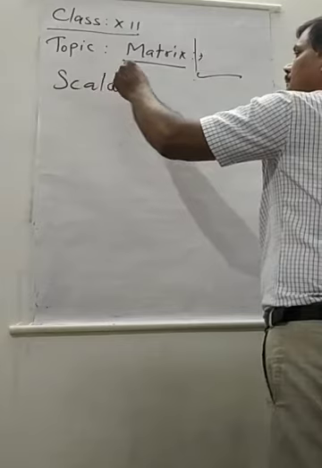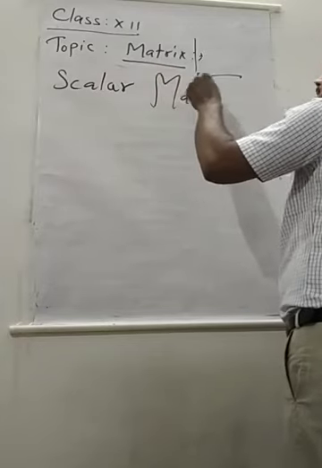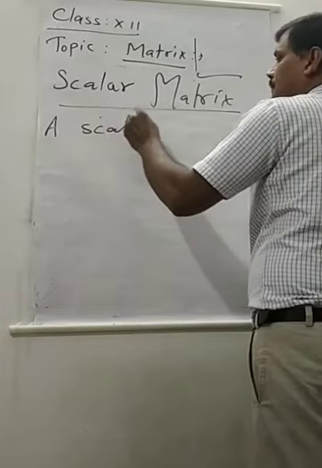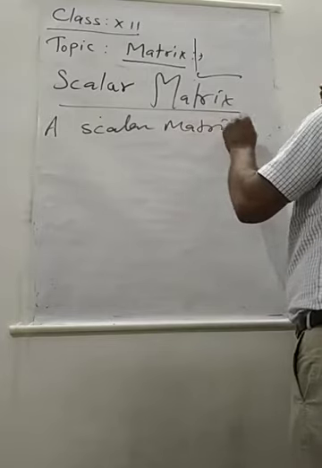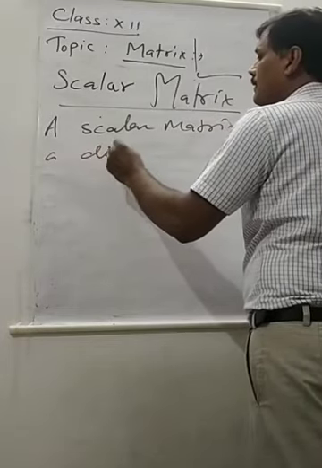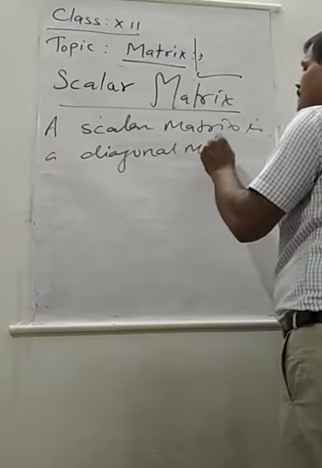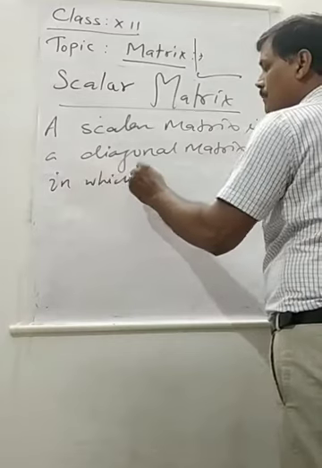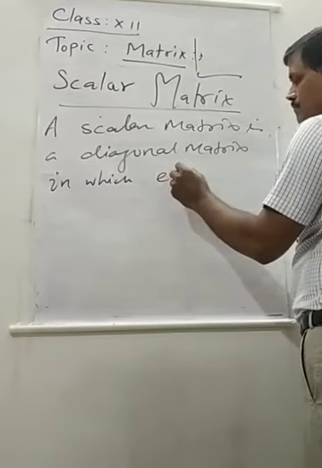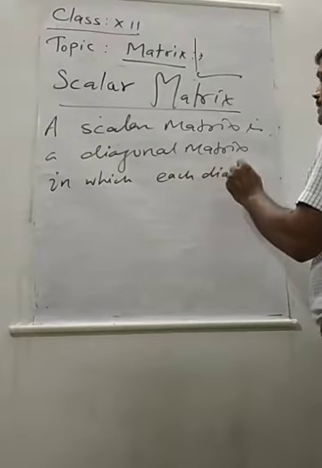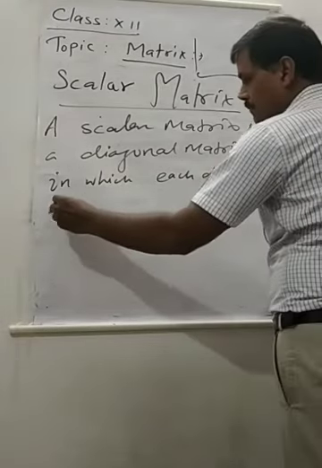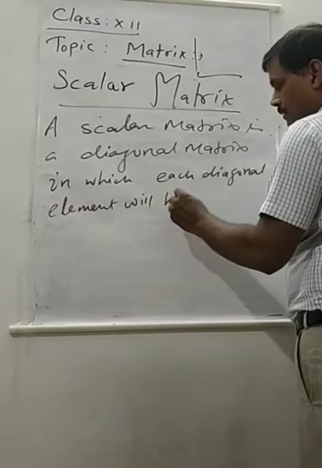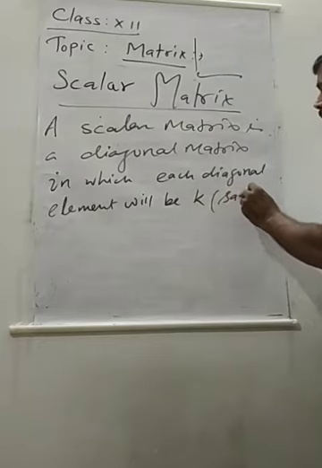Scalar matrix: a scalar matrix is a diagonal matrix in which each diagonal element will be K, means same.